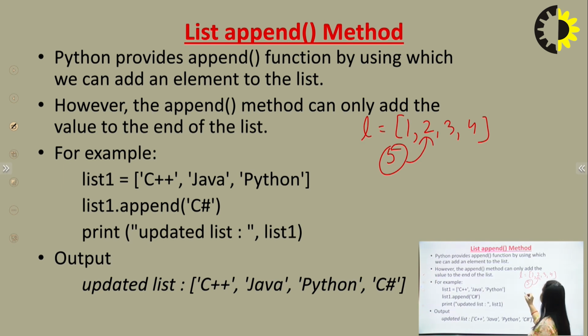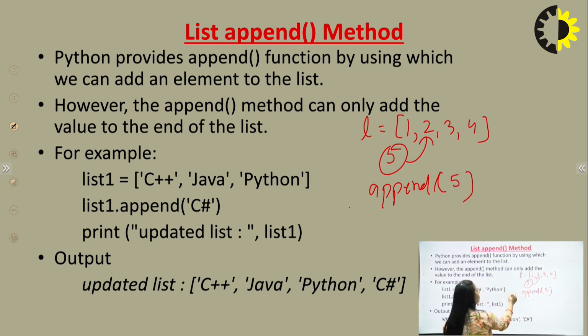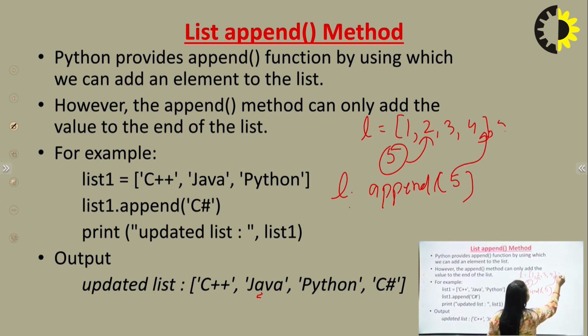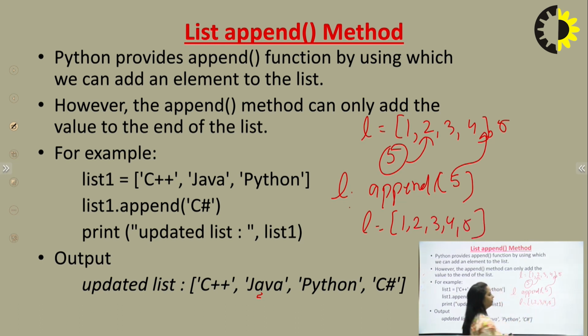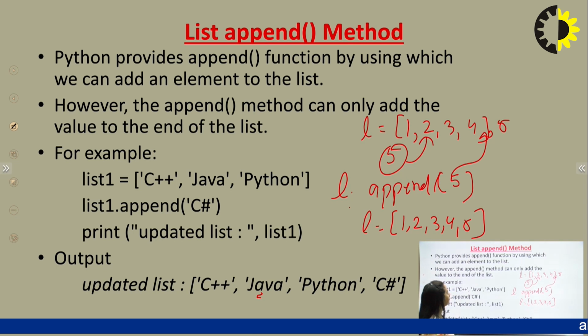So, I will use the append method for this. Append, in brackets the new value, and where I want to append, here will be the list name. L.append(5). Now, what will it do? It will append at the last. So, our new list will be 1, 2, 3, 4 and 5. This will be our new list.